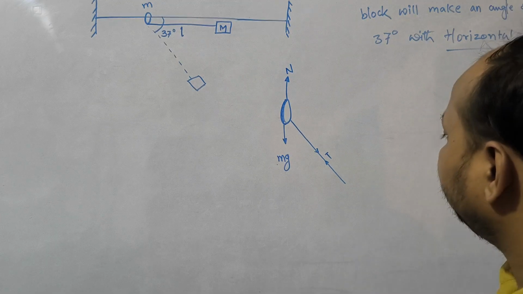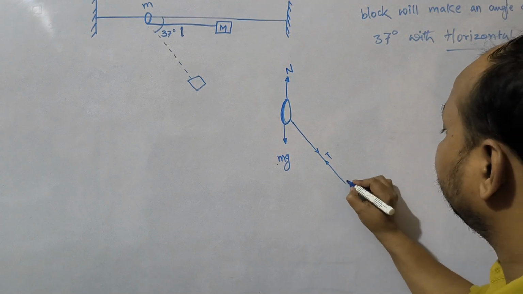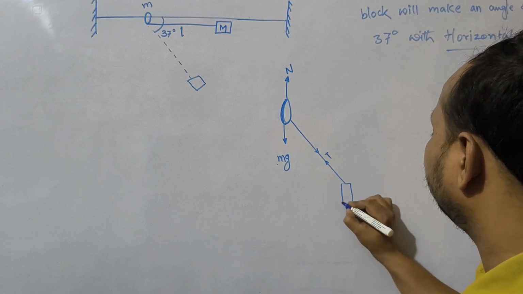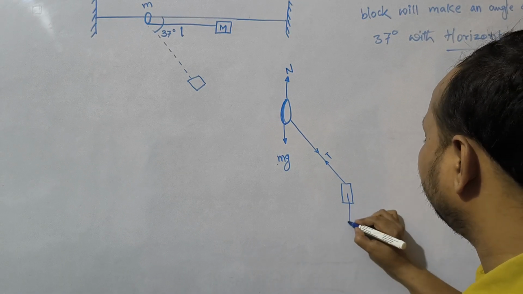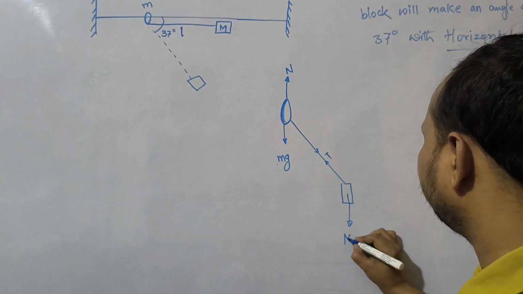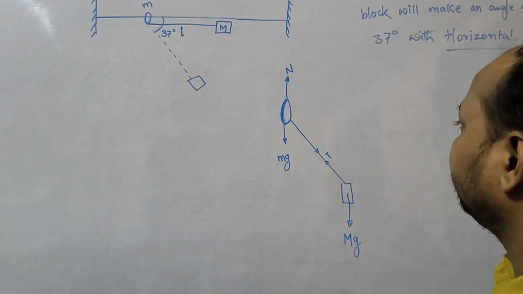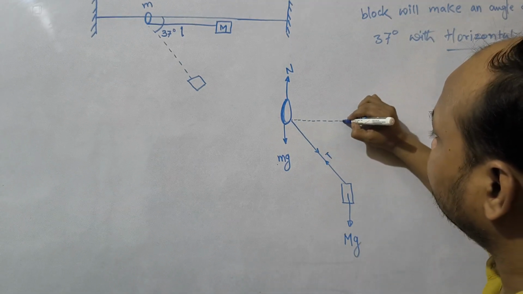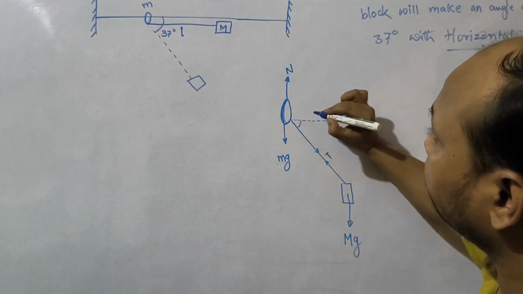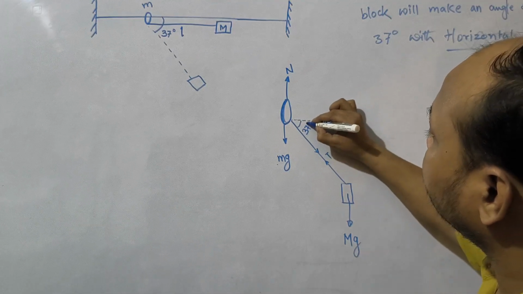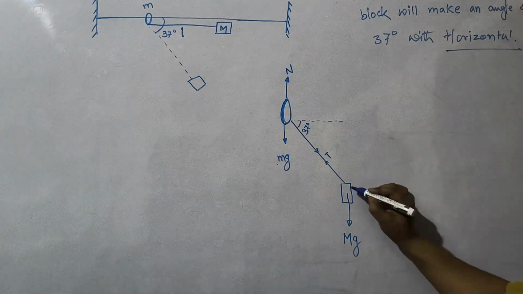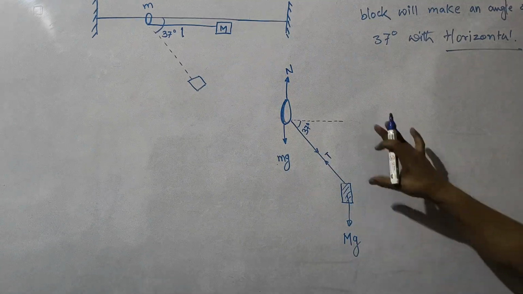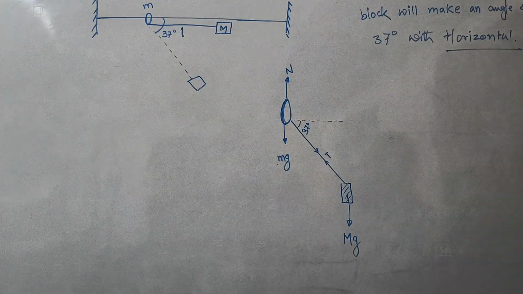This is also T, and there is a block. So the mass of the block is capital M, so Mg. This angle is 37. I think this is the required FBD for the system of bead and block.